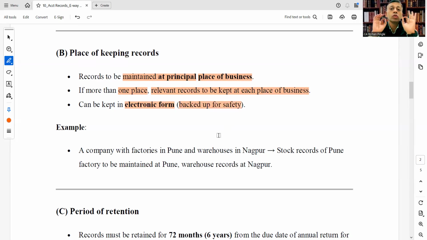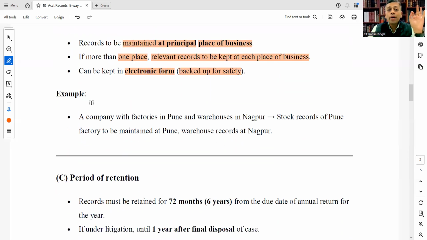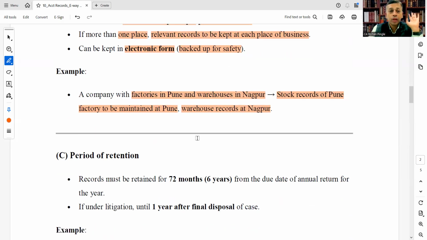Means backup is also necessary in case of soft copy form. Example: a company with a factory in Pune and a warehouse in Nagpur; stock records of the Pune factory are to be maintained at Pune and warehouse records at Nagpur.